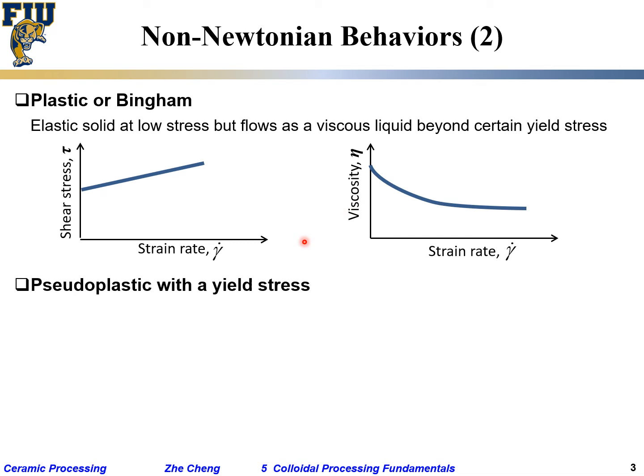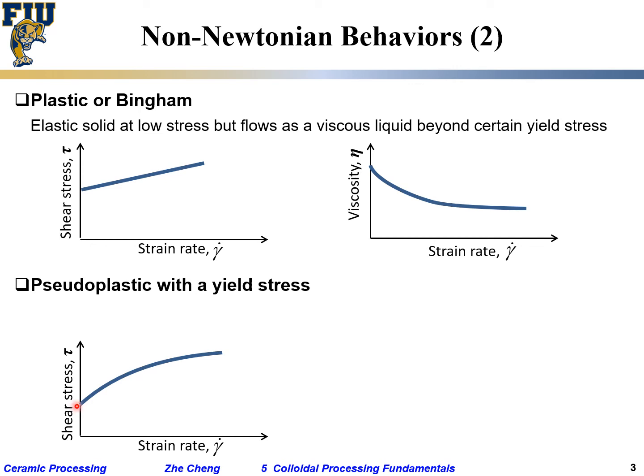And then another behavior people call pseudoplastic with a yield stress. Again, yield stress means below a certain value, I essentially have zero strain rate, which means the shape of the material does not change with time.